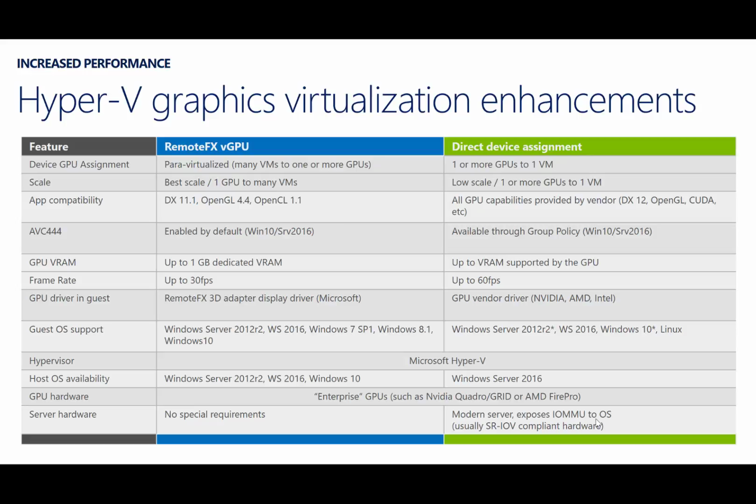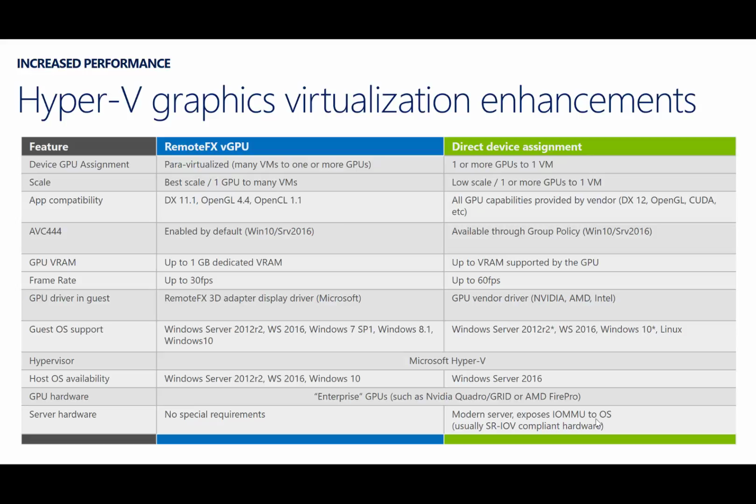Now, if we take a look here at some of the other options, it talks about depending on what kind of frame rates you need, 30 frames per second versus up to 60 frames per second. The GPU driver in the guest, as I mentioned, is a generic Microsoft one with RemoteFX, but when you're using direct device assignment, that's where you can see that NVIDIA, AMD, and Intel GPUs are all supported.